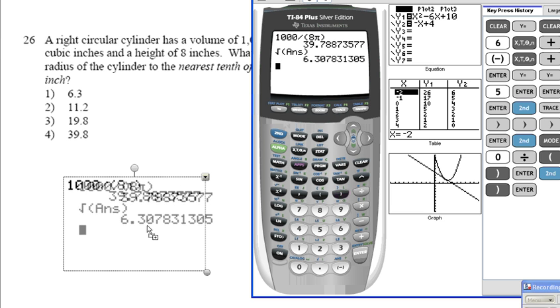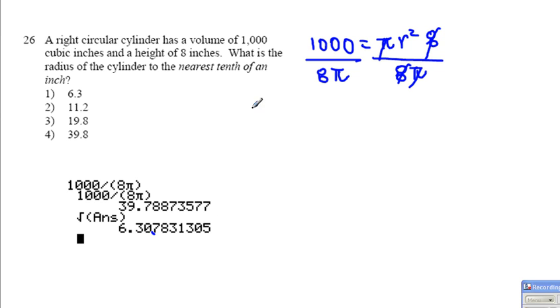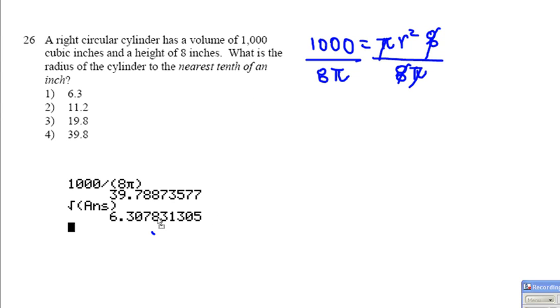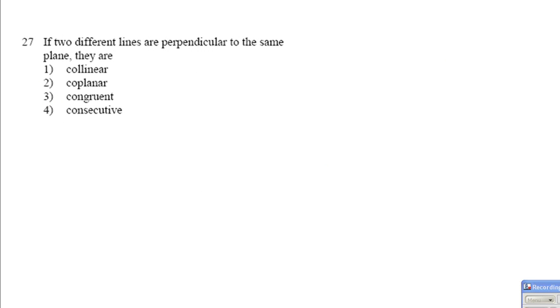That becomes our final answer. So our final answer becomes 6.3. That's answer number 1. Right, number 27.